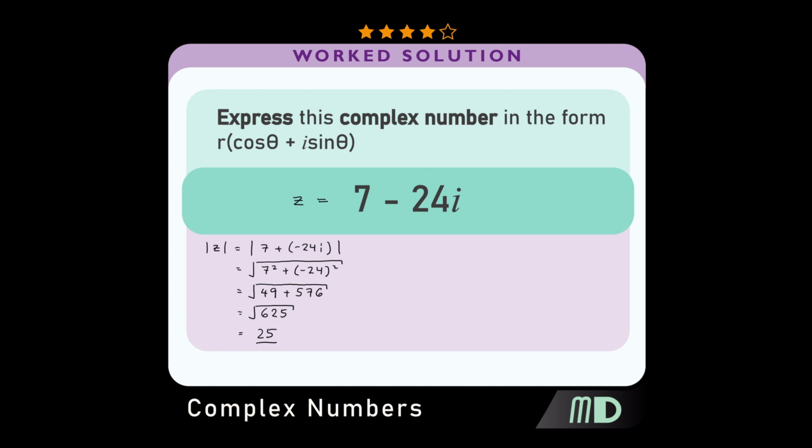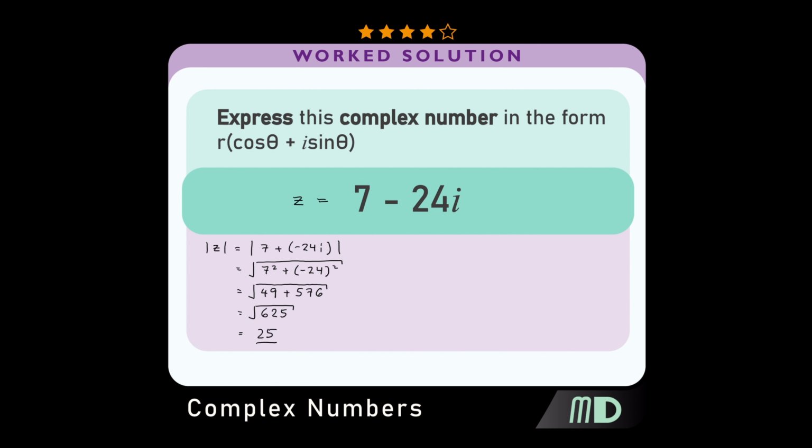First, we'll draw the complex number on an Argand diagram to see what the complex number looks like. Then, forming a right-angled triangle, we can use standard trigonometric ratios to find the size of the acute angle in radians between the complex number and the real axis.